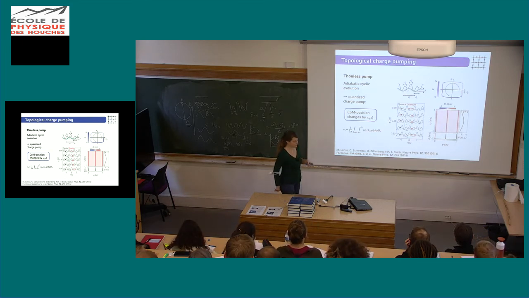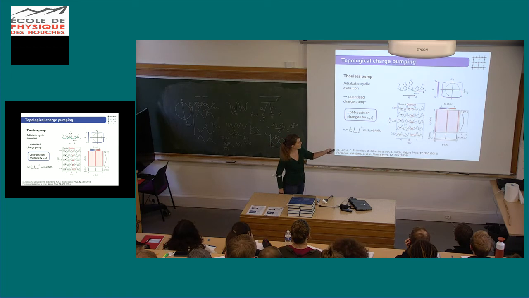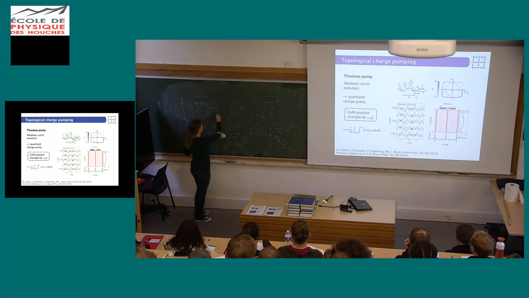And well, once you understand how the pump works, you may say that's a little bit trivial, because what happens is that, okay, if we are in the symmetric double well, then the 1D orbital of the symmetric double well is just a symmetric superposition between left and right. So that's your initial starting point.